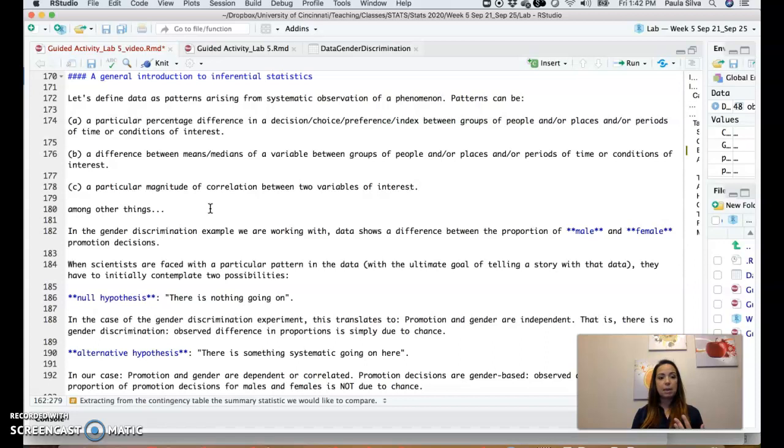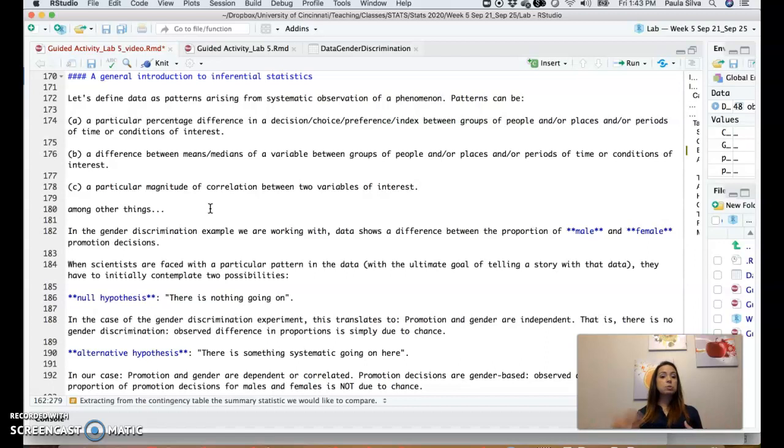Patterns in data can be, A, a particular percentage difference in a decision, choice, preference, or index between groups of people, different places, or different periods in time, just like the last data problem we worked with, or between conditions of interest.